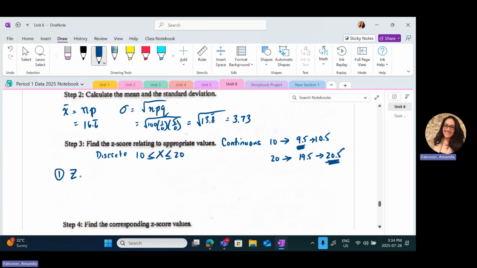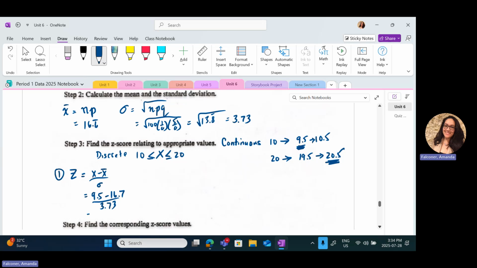My first z-score, the formula is x minus x bar over standard deviation. I've got 9.5 being my observation, and I'm subtracting my x bar, which is 16.7, let's say, I'll just round to the 1 decimal, divided by 3.73.